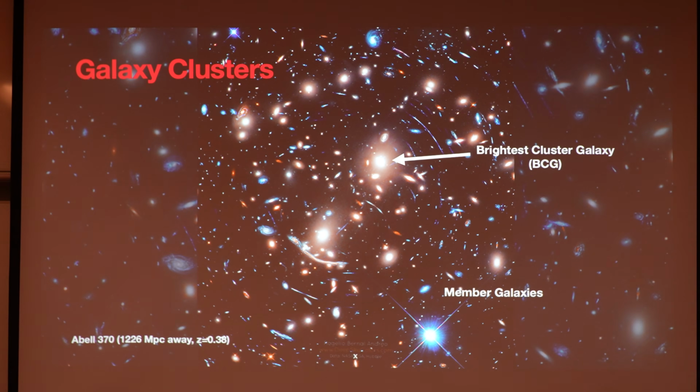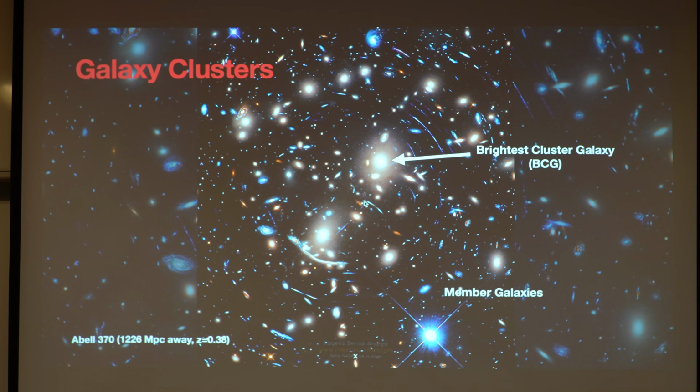Okay, I think a lot of people here know what a galaxy cluster is, but I'm just going to give you a really quick introduction. There are only two components: the member galaxies and the BCG. The member galaxies are all the galaxies that are part of a galaxy cluster, but not all the galaxies in the picture.